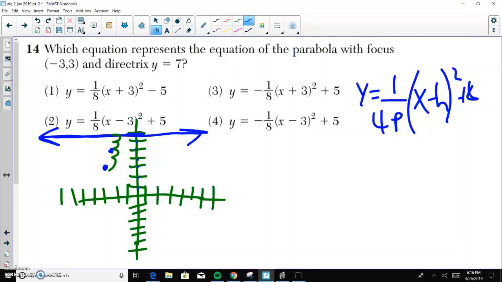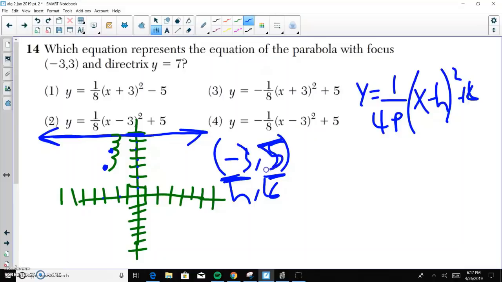So the vertex is 1, 2, 3, comma, 1, 2, 3, 4, 5. Okay. So vertex (-3, 5). So you're going to have to know that to put into the equation, because that's h and k. The x value is h and the y value is k. It's a positive 5, sorry.